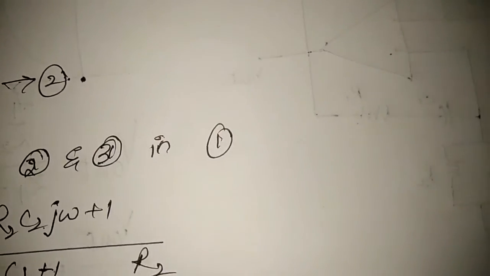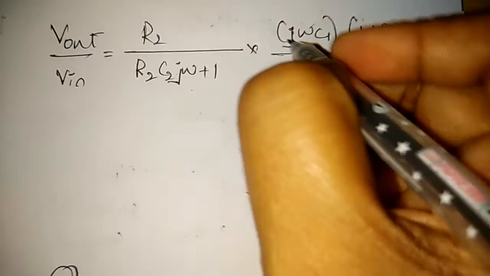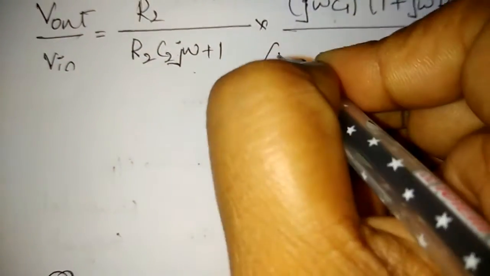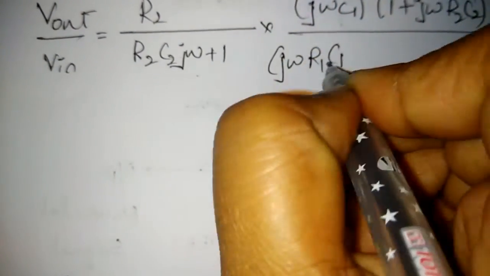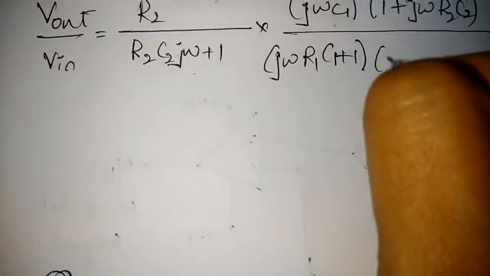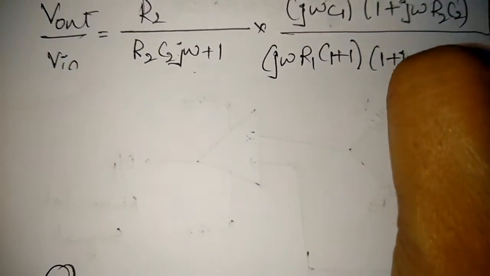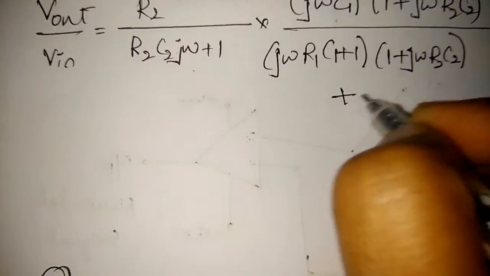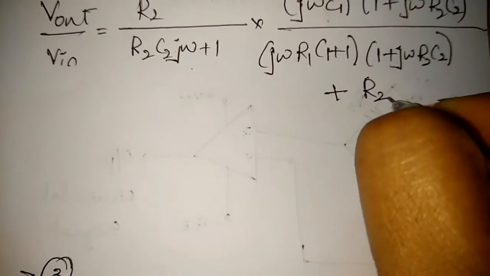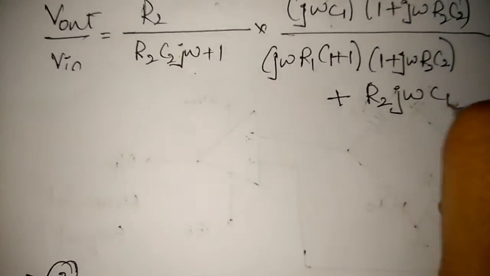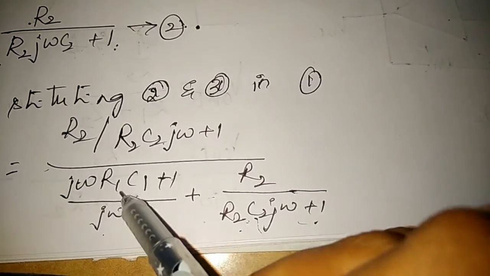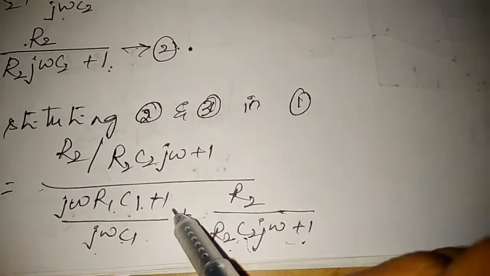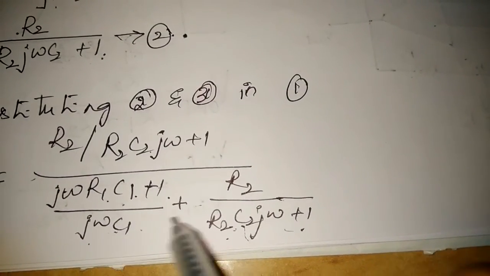In the denominator we'll get j omega R1 C1 plus 1 into 1 plus j omega R2 C2 plus R2 j omega C1. Here you have j omega R1 C1 plus 1, so LCM is this.